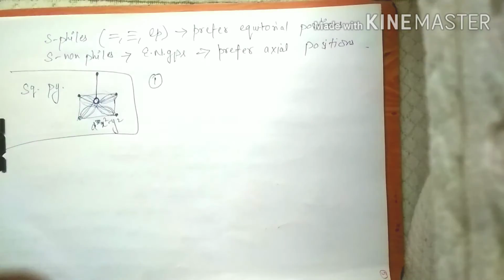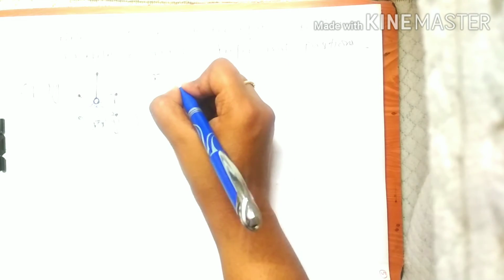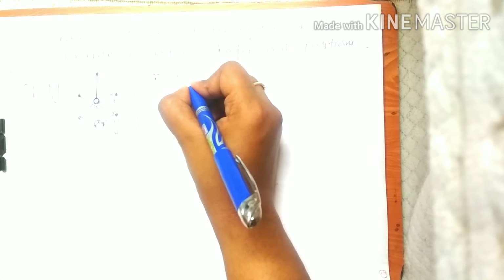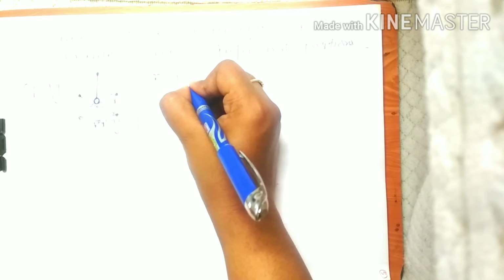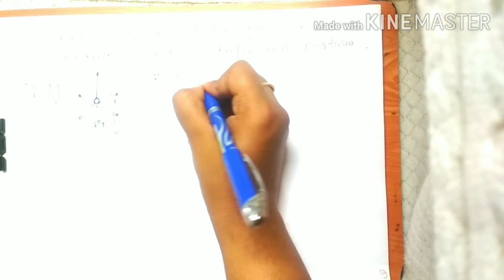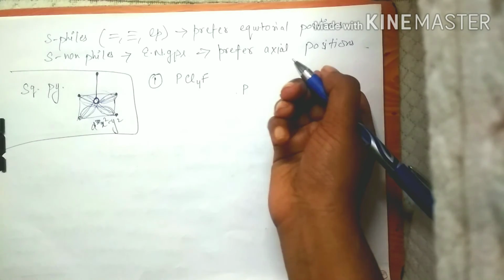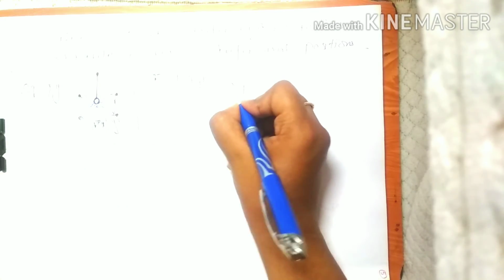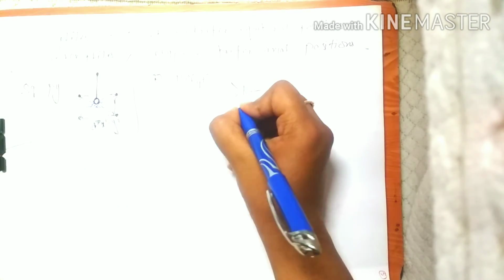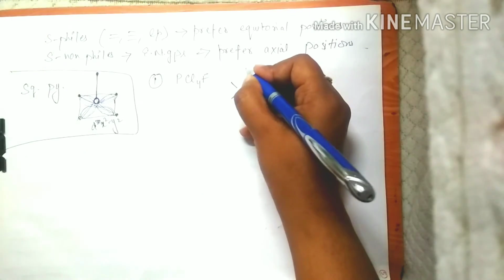So the first molecule which we are going to discuss is PCl4F. Okay, now phosphorus is going to form 5 bonds, right? So 3 bonds will be like this in the plane, and 2 bonds will be like this.